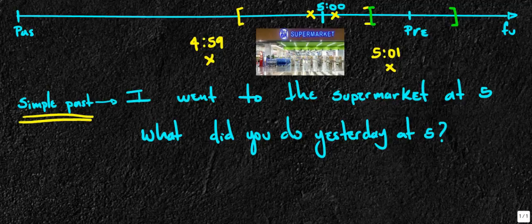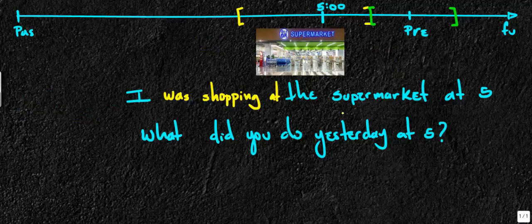So if somebody says, "What did you do yesterday at 5?" the correct answer would not be, "I went to the supermarket." The correct answer would be, "I was going to the supermarket." Or maybe better, "I was shopping at the supermarket." Okay? Now, this sentence is in past continuous.